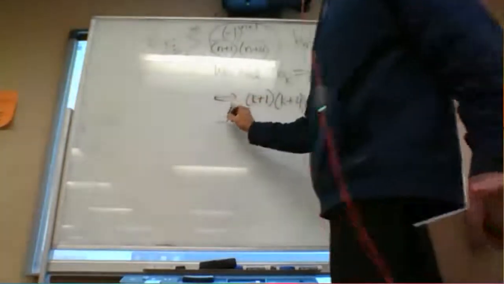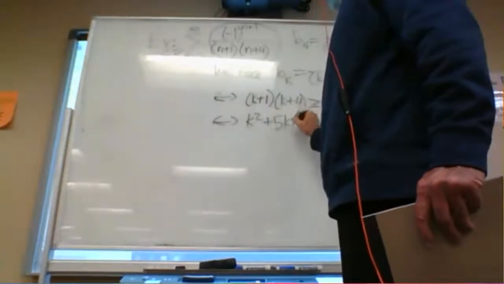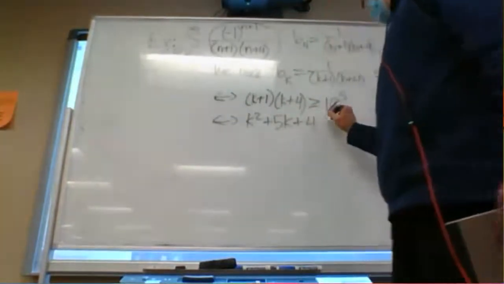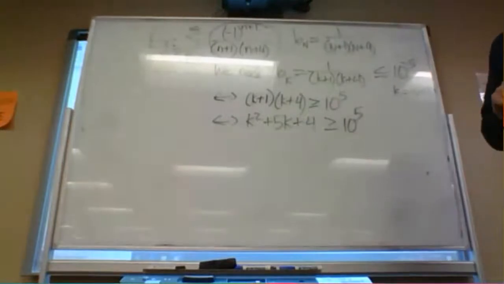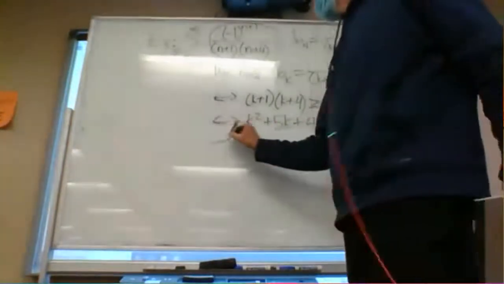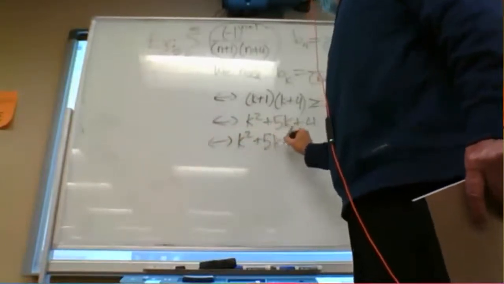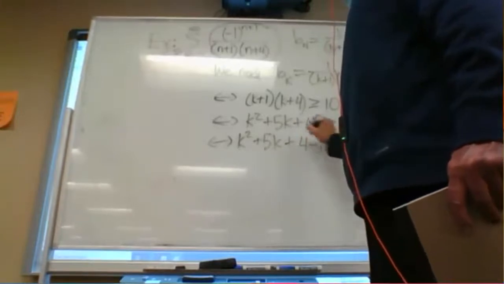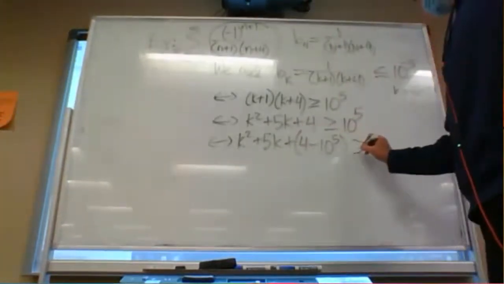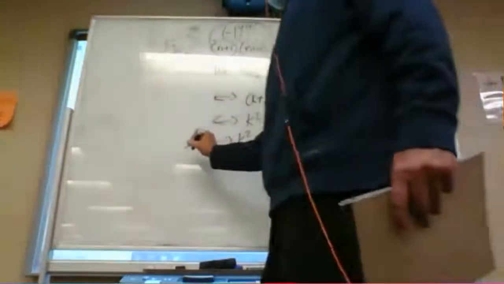So we need that. Well, this can be rewritten as k squared plus 5k plus 4 greater than or equal to 10 to the 5th. And that's a quadratic inequality, so you can solve it with the quadratic formula. Let's write it as k squared plus 5k plus 4 minus 10 to the 5th greater than or equal to 0. When is it equal to 0?